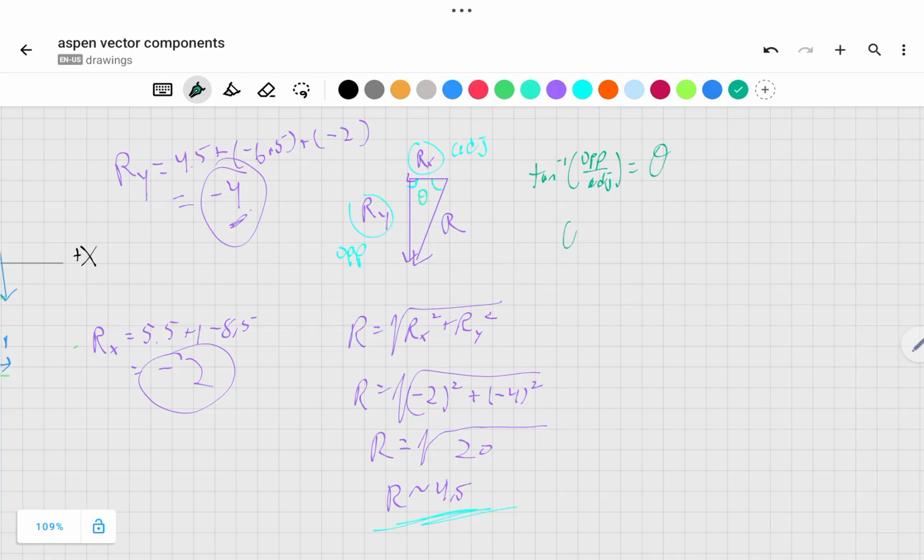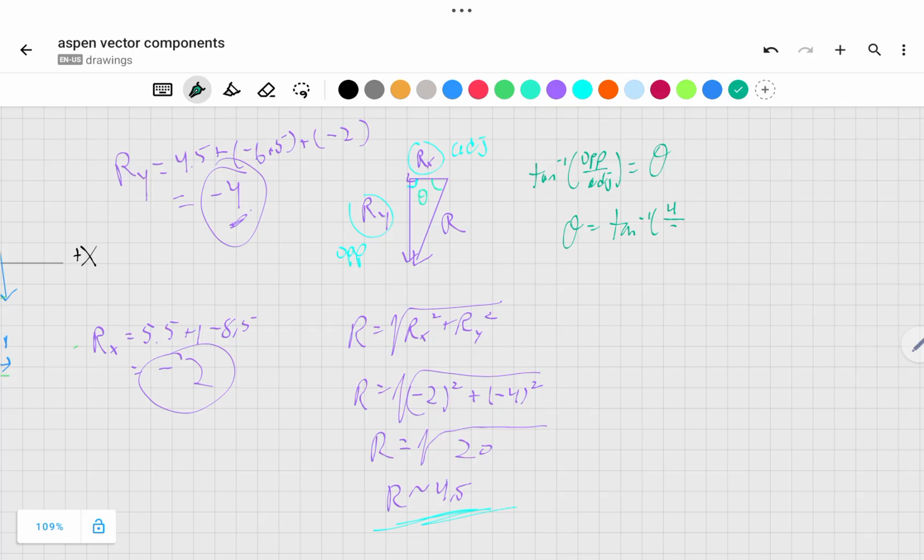And then I can plug that in, and I can get tan inverse of, and here the negative signs aren't really going to matter. We'll worry about that later. So normally when we're doing this, at least at first, we won't worry too much about that because I've kind of just made a triangle over here. So I'm just going to use the sizes of these for now. So my opposite side was 4.